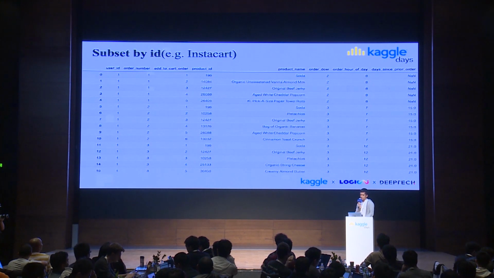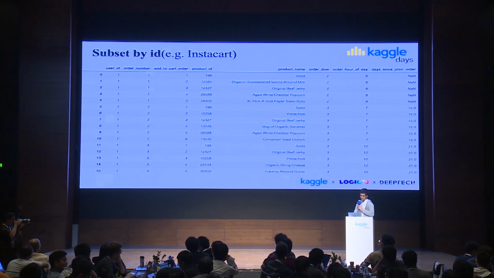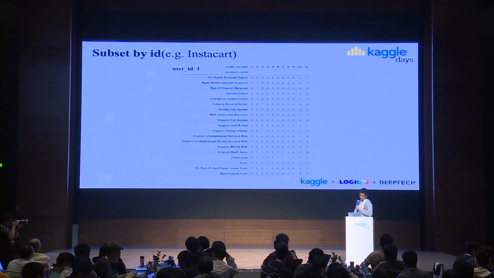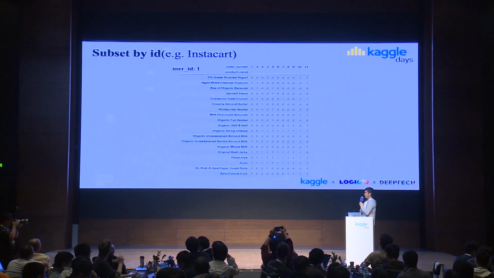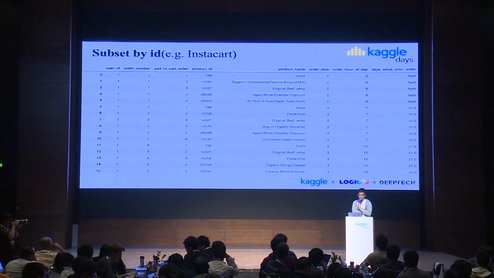In competitions, sometimes these values are anonymized, but this competition is not anonymized. But we can hardly understand the behavior of a user with this type of data.